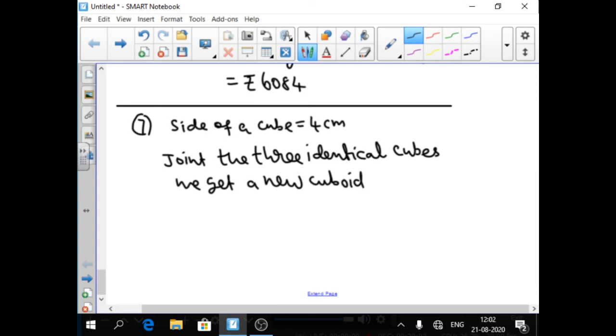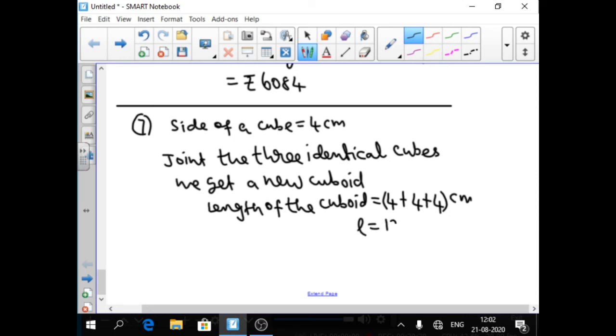So length of the cuboid: each side we said is 4 centimeter, and with 3 identical cubes we add 3 times, 4 plus 4, 8, 8 plus 4, 12. The measuring unit is centimeter. So length is equal to 12 centimeter.